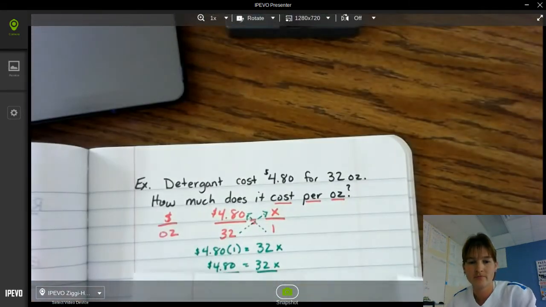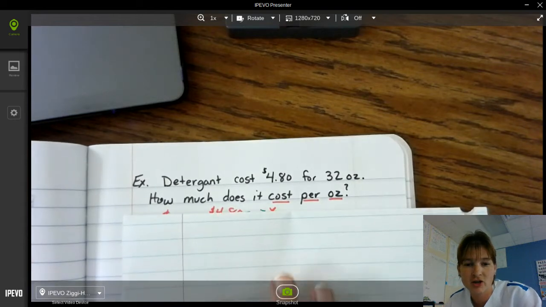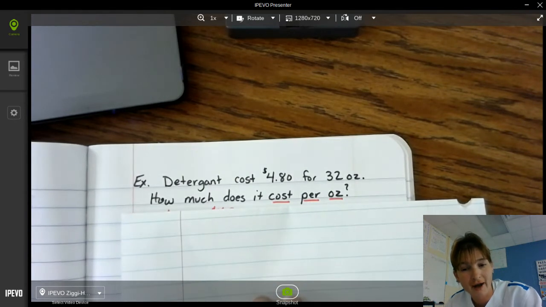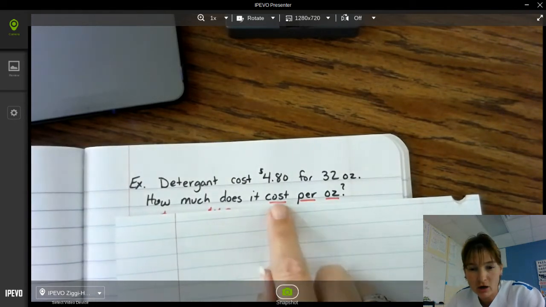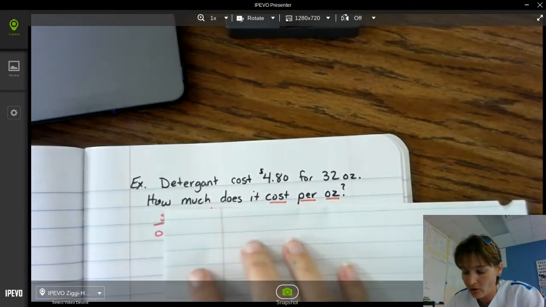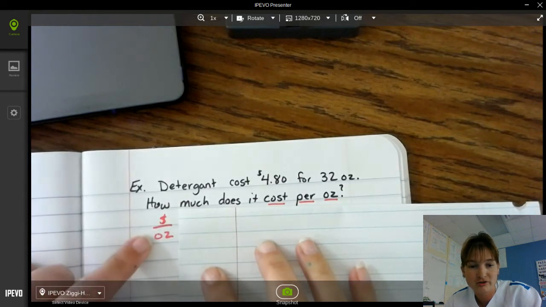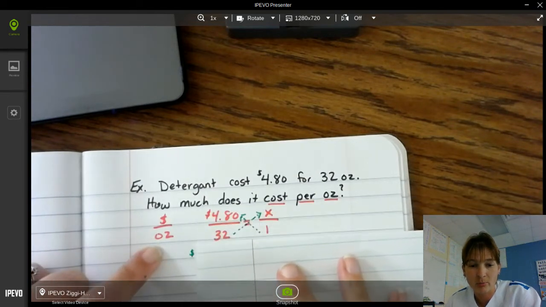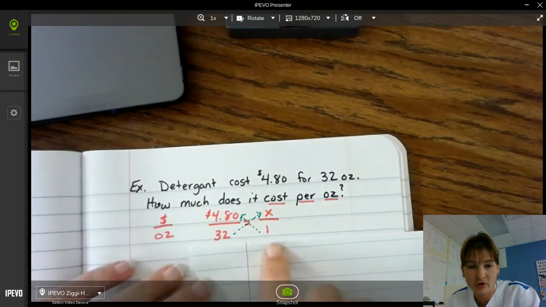Another example. We have detergent that costs $4.80 for 32 ounces. How much does it cost per ounce? I underlined cost per ounce because this helps us set up our proportion. So we know that the cost is $4.80, and we are going to set up our proportion for 32 ounces.